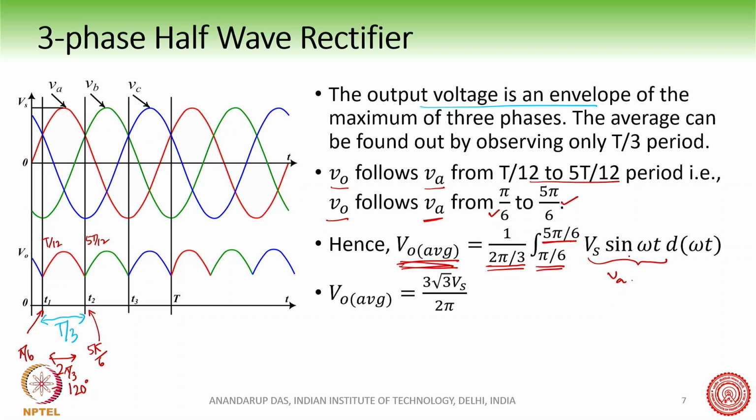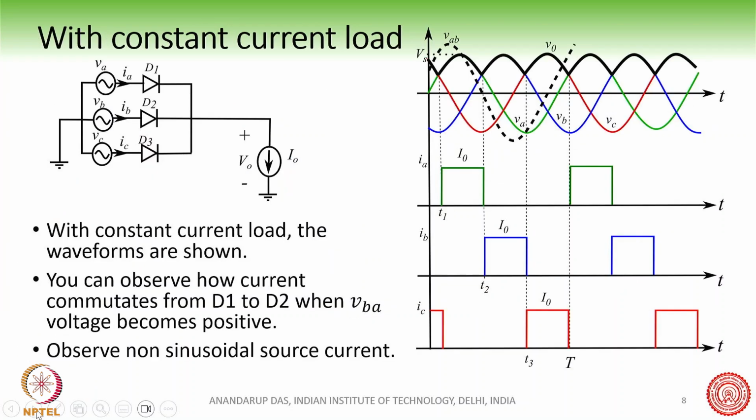If you do this calculation, the average output voltage will come out like this, which is the V0 average. So this much voltage is obtained in a three-phase half-wave rectifier.